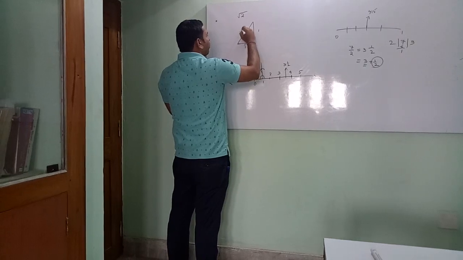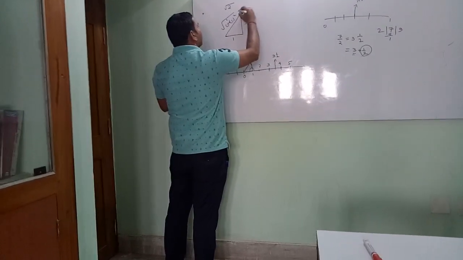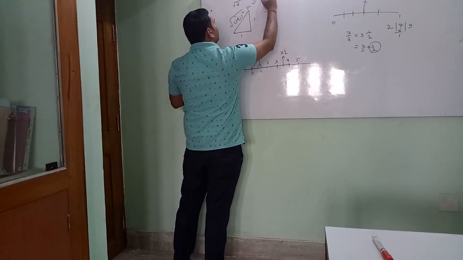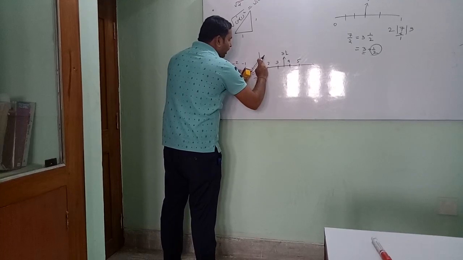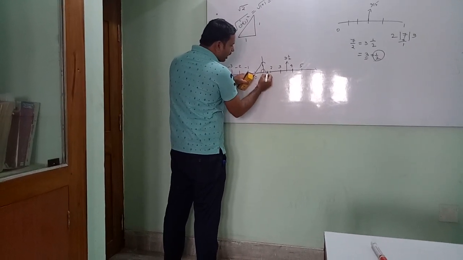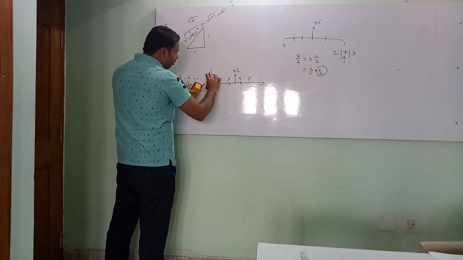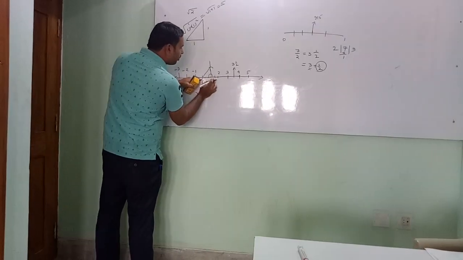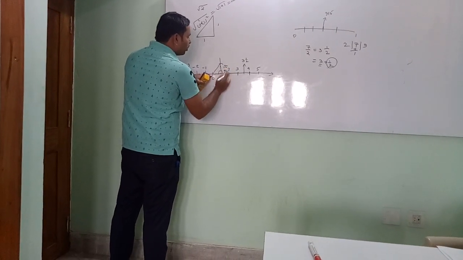So it is the square root of 1 squared plus 1 squared, which equals the square root of 1 plus 1, which equals root 2. That means this length is root 2. So measure this length and put an arc, put an indication here. So we get this measured length to be here. That means this is your root 2.